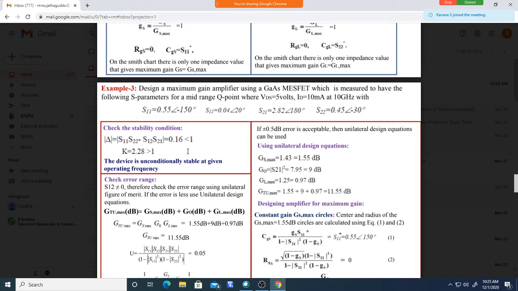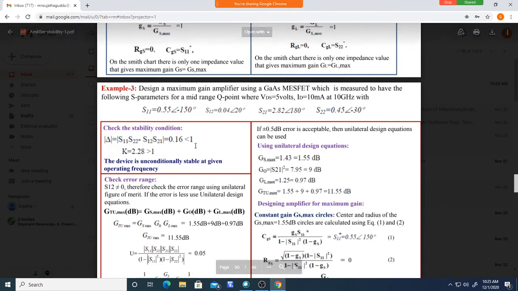Hello? Are you watching? Vishmita? Yes, ma'am. What is the condition? Which type of stability? K is greater than 1 and delta is 0.16.